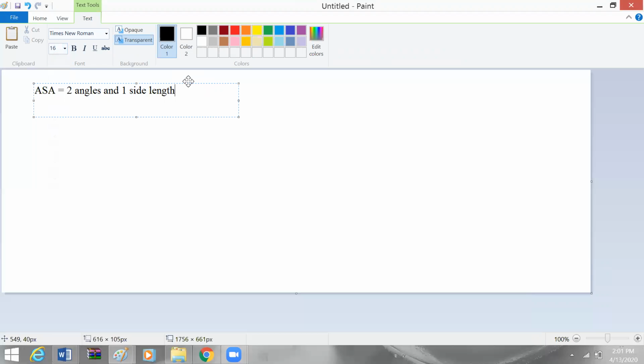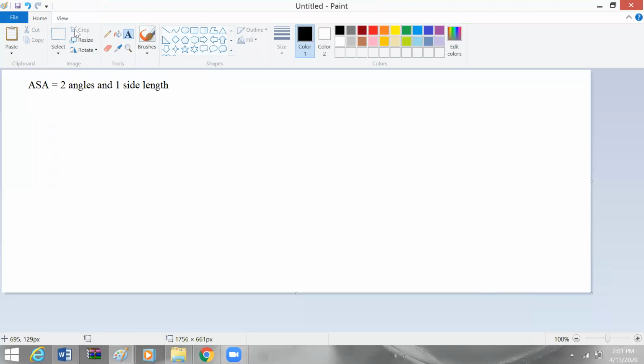For that type of question, we're going to draw a triangle. It doesn't have to be any particular angle; it can be any angle generally.